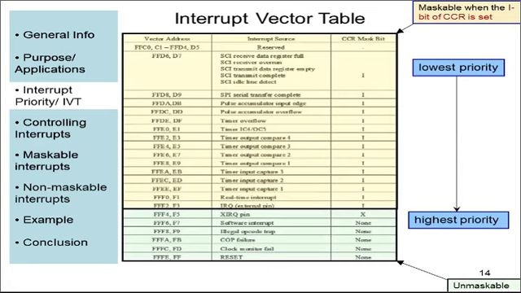This shows the interrupt vector table. You are able to see in this, the first column of this table contains the vector addresses. The second column contains the interrupt source. And the third column contains the CCR mask bit.